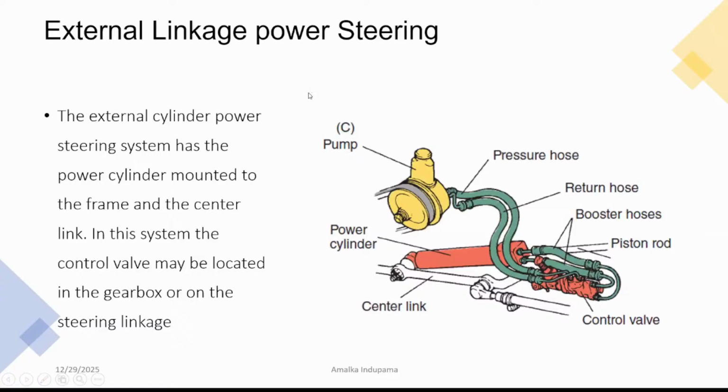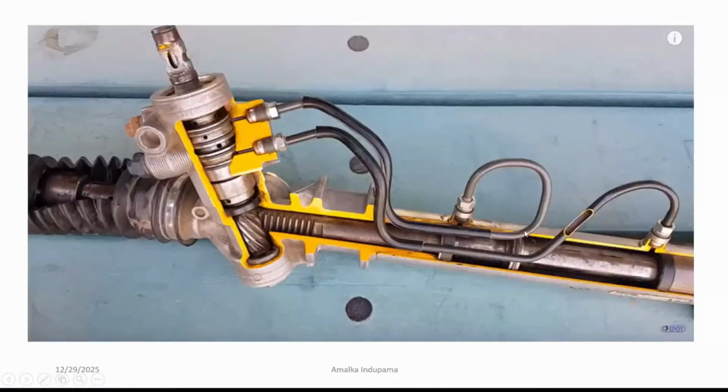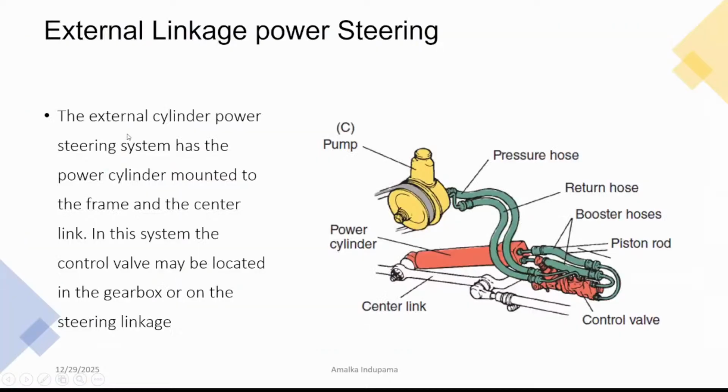So the external linkage power steering system: in the rack and pinion system, everything is combined inside the rack part. In the external linkage power steering system, our double acting cylinder is located externally. That is the only difference, especially in off-road Jeeps and SUVs.